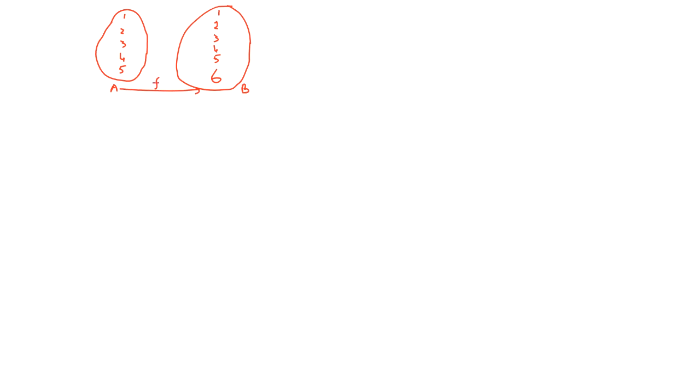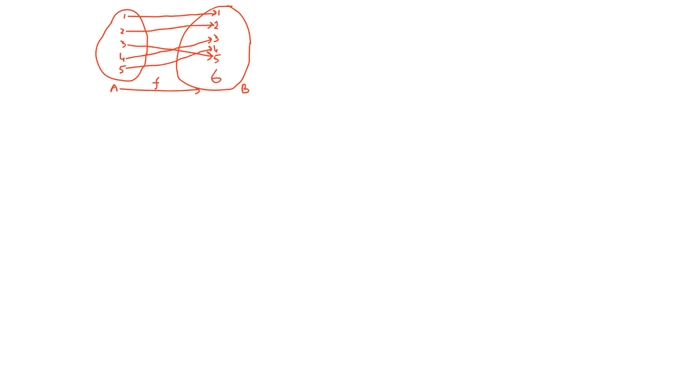So here 1 connects to 1, 2 connects to 2, 3 connects to 5, 4 connects to 3, and 5 connects to 4. Now tell me, is it a function? Yes, it is a function. Condition number one, how to check?